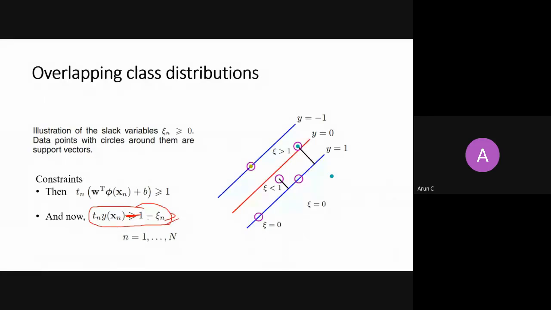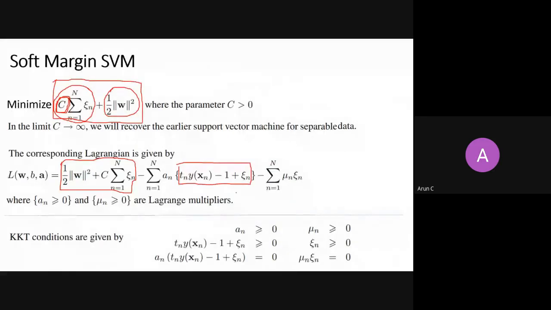Oh, sorry, plus. This is minus 1 plus psi_n greater than or equal to 0. This is your g(x). For every point, you multiply it with the Lagrange multiplier a_n, and you sum them up because there are n such constraints. This is the same term which we have seen for hard margins, but as the constraint has changed, that's why this psi has come here. Now this is a new additional term which is different from my hard margin.